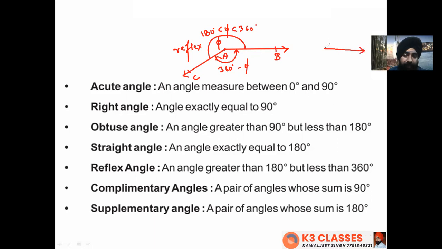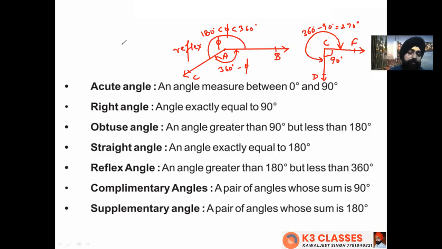Suppose we have another ray CF and CD. This angle is also greater than 180. Suppose this angle is 90, so the reflex angle will be 360 minus 90, which is equal to 270 degree. This is greater than 180.